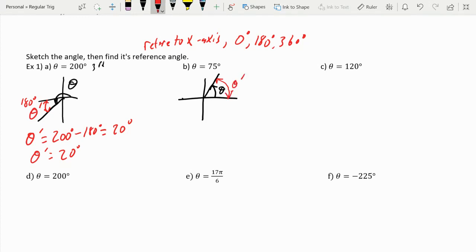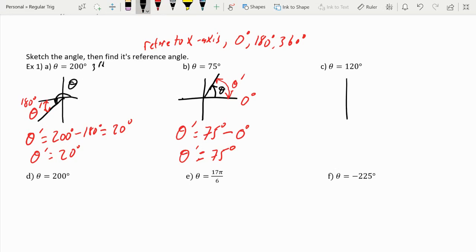What am I going to refer back to? I'm going to refer back to 0 degrees. So 75 degrees minus 0 degrees, theta prime is 75 degrees. This one's kind of a silly one, but I need to make sure I showed you guys.